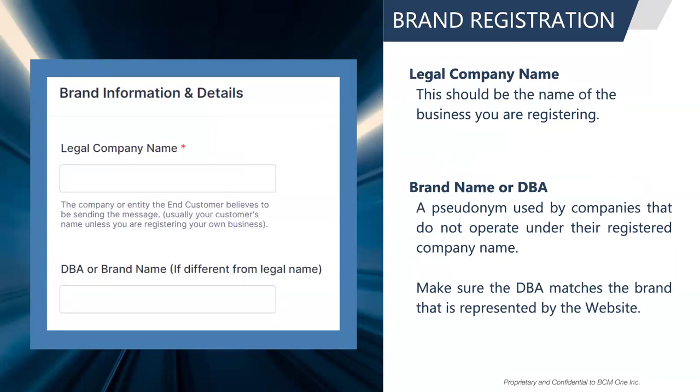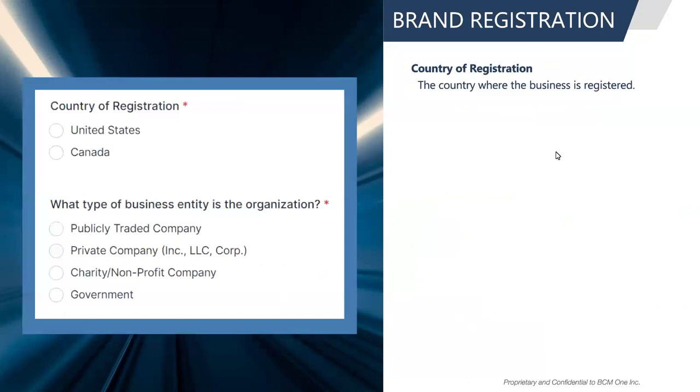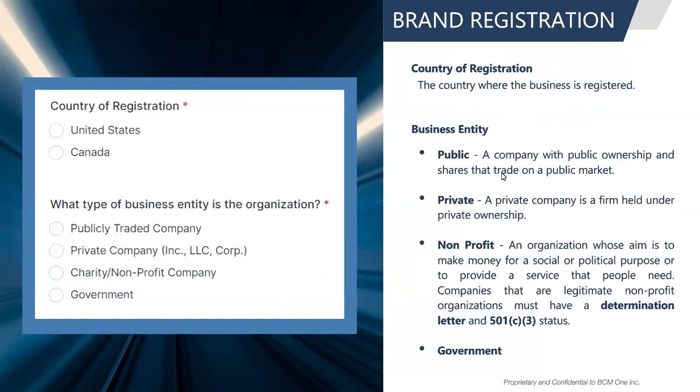So this is a trade name or pseudonym used by companies that do not operate under the registered company name. So make sure that the DBA matches the brand represented by the website or your online presence, because any significant mismatch can result in a rejection. The country of registration is the country where the business or the brand is registered.